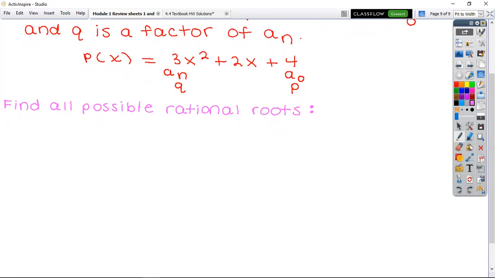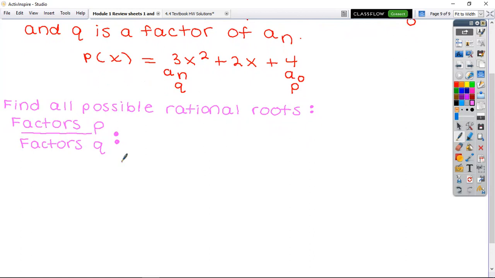So in this case, I'm just going to walk you through. We're going to do what is called the factors of P over the factors of Q. So I'm going to list out the factors of P divided by the factors of Q. And then we're going to put the list together.